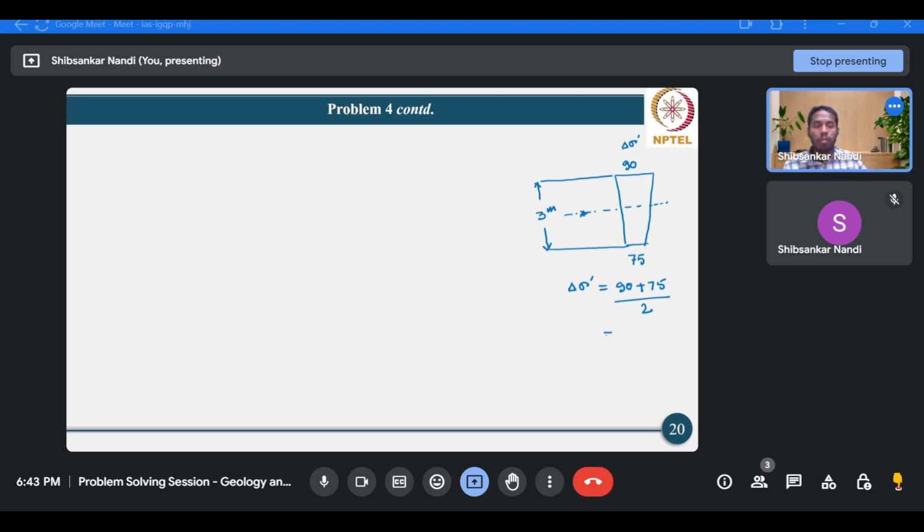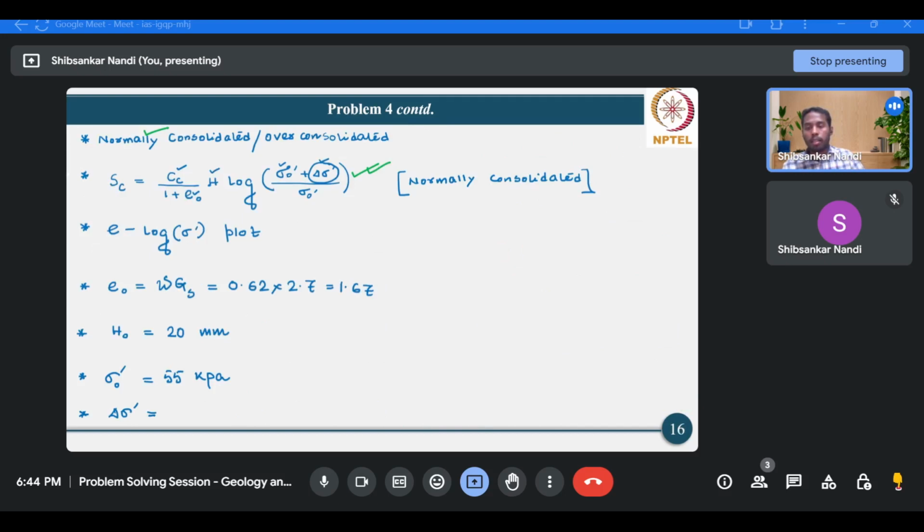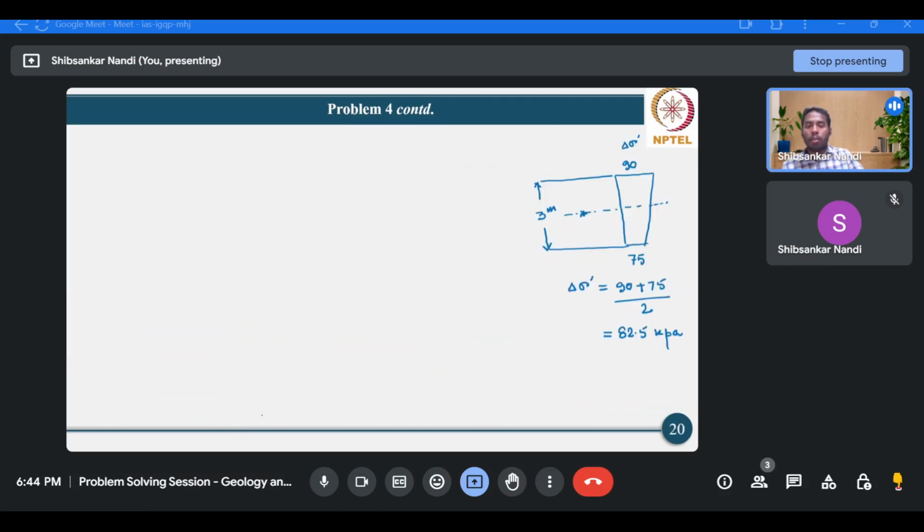So it will be 82.5. This is the average increase in stress at the mid of the layer. Now we can easily calculate the primary consolidation settlement.